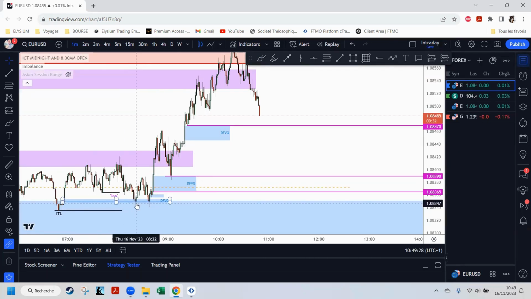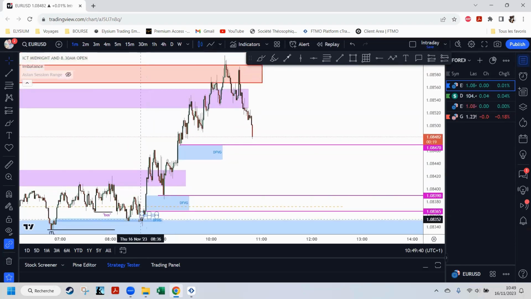Minus 1%, I don't trade anymore. That's why I like my money management strategy, but of course, it takes longer to come to the 1% mark.